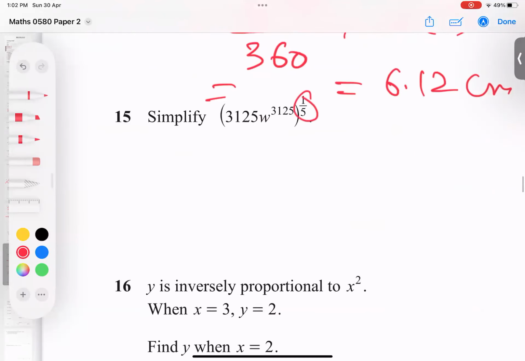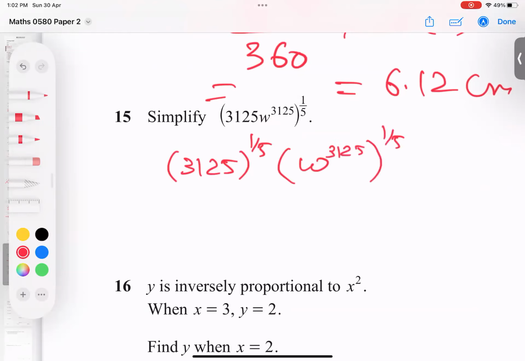This power goes to both terms separately. So 3125 to the power 1 by 5 separately, and 3125 to the power 1 by 5 separately. Rule number 1. Then you know power inside, power outside, multiply. So 3125 into 1 over 5. Actually, this is 5 to the power 5. But if you don't know, you can type it all together in a calculator. But I know 5, so I will do it like this.